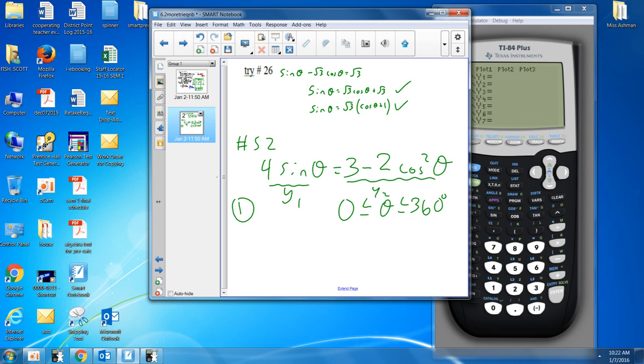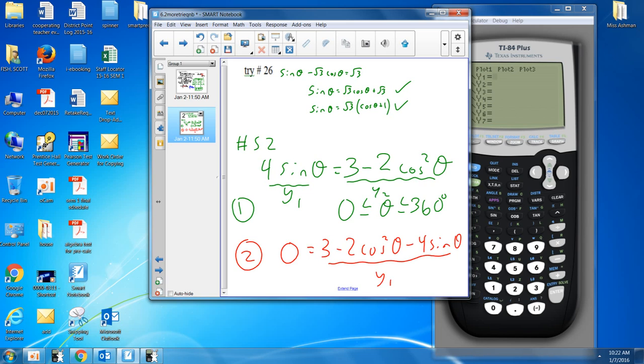The second way is where I put everything on one side of the equation and then see where that equation goes through my x-axis, because your y is equal to 0. So I would need to put 0 on one side, 3 minus 2 cosine squared theta minus 4 sine theta. And then I have one equation, and I would want to find out what my zeros are.